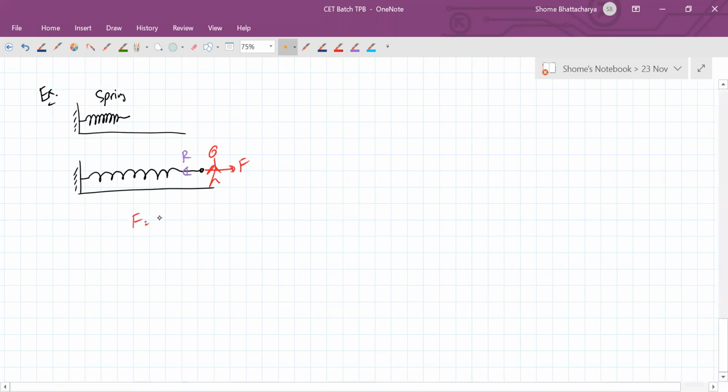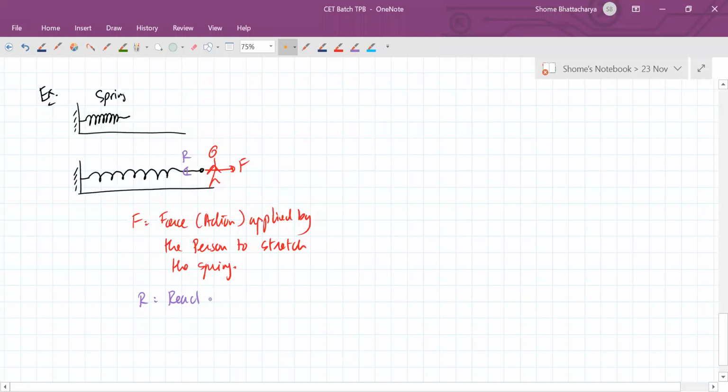So F is the force which we can call the action applied by the person to stretch the spring. In this case, you can see R is the reaction force, simply called the reaction, applied by the spring on the person.